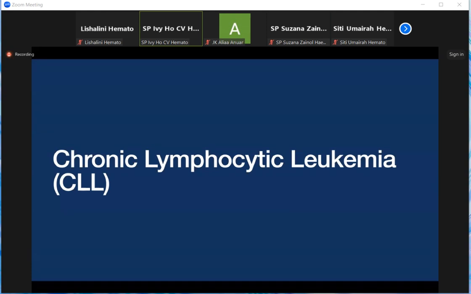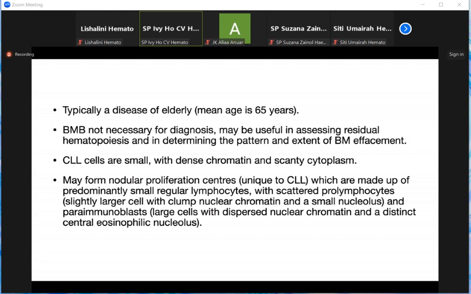CLL is typically seen in the elderly patient. The average age that they present is about 65 years old. A bone marrow biopsy is not necessary for the diagnosis because most of the time, by clinical presentation, the full blood count, the peripheral blood smear and the flow cytometry, we already have a diagnosis.